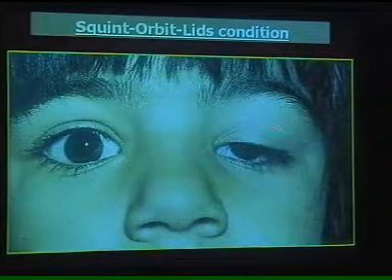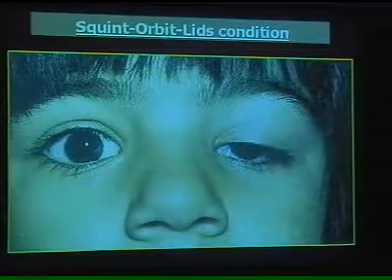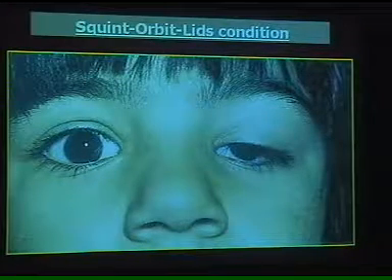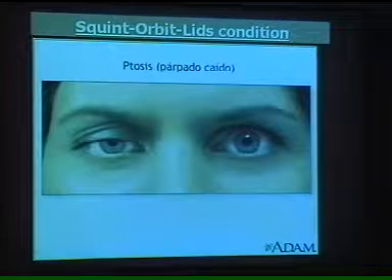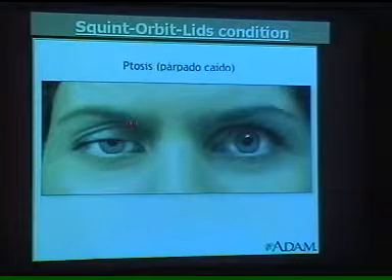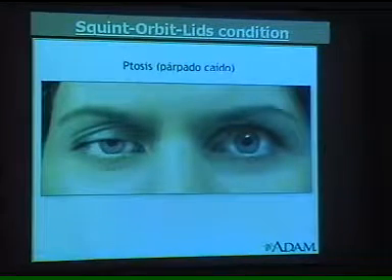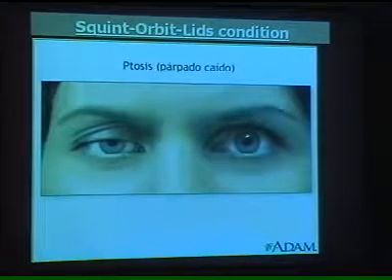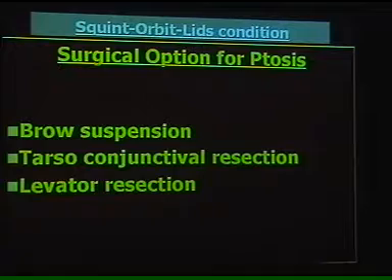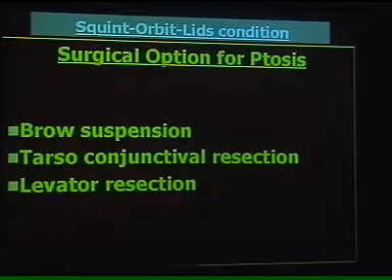If there is no fold, it means it's a congenital ptosis. When there is a fold with ptosis, it means it's an acquired or adult ptosis. The fold is there, which means that initially the muscle was functioning, but over a period of time it has become non-functional. The treatment, of course, is surgical.